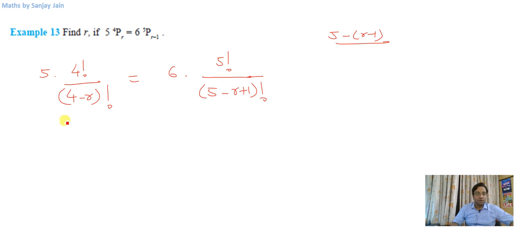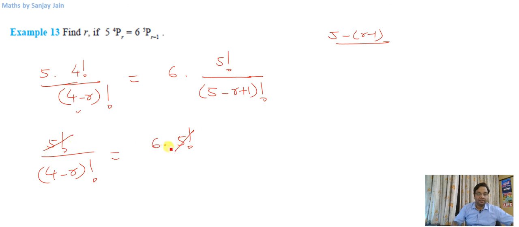So how can we cancel this? So let us see. You can write it as 5 factorial here, because 5 into 4 factorial is what? 5 factorial divided by 4 minus r factorial, and it is equal to 6 into, I am not merging this 6 here because I'll anyways cancel this 5 factorial. Let me cancel it here itself.